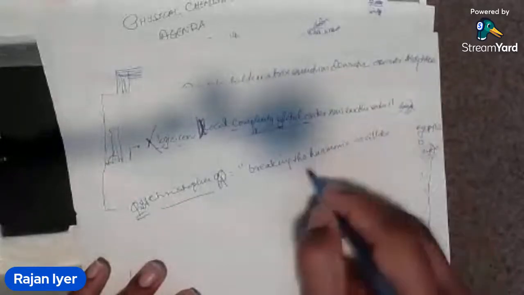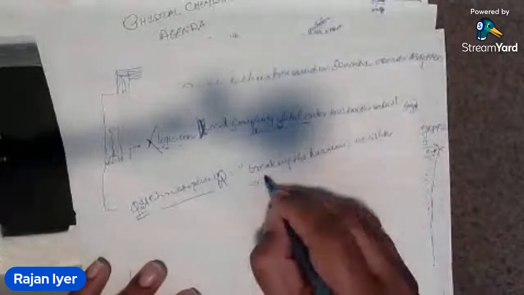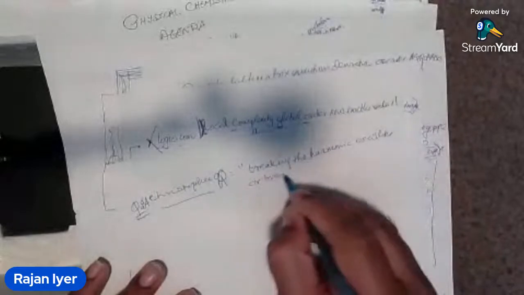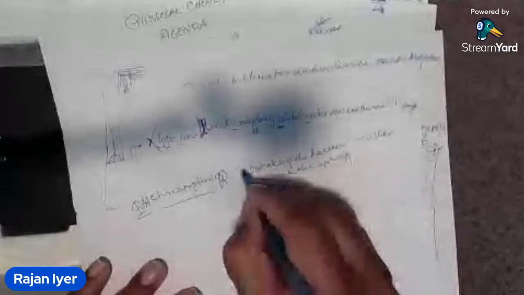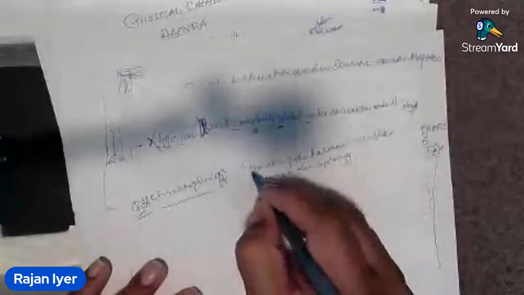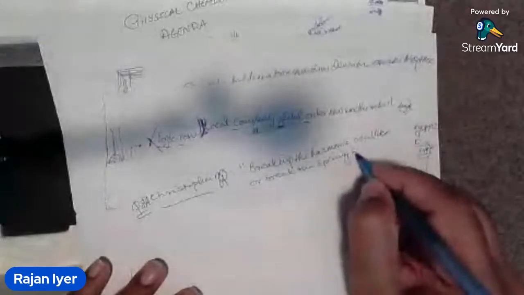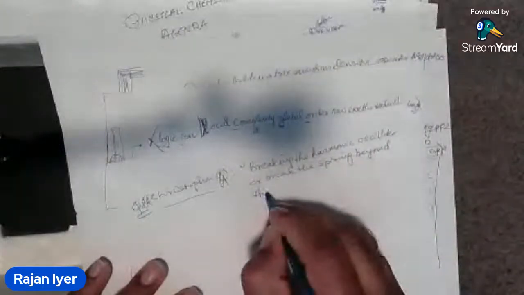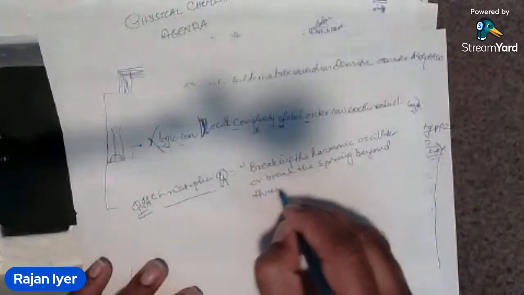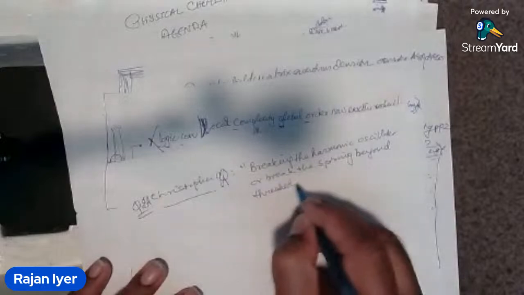Or break the spring, right? Yeah, essentially, go beyond the threshold. I'm thinking like going beyond the threshold of the K, the spring constant. Okay. Beyond the threshold of spring constant.